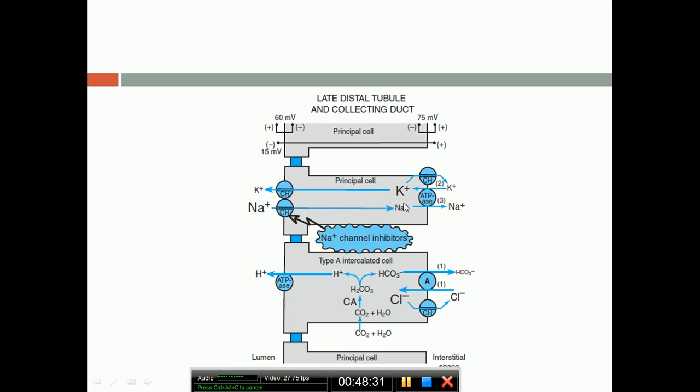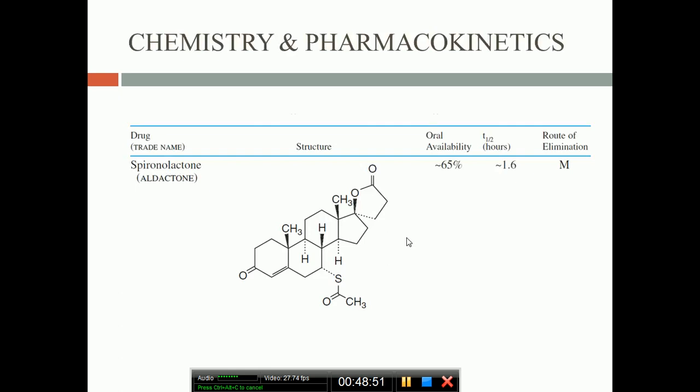Then the sodium will be reabsorbed back into the blood through antiporters. So these will block this channel here, and ultimately they will hinder the potassium exchange as well. These will act as potassium sparing diuretics.